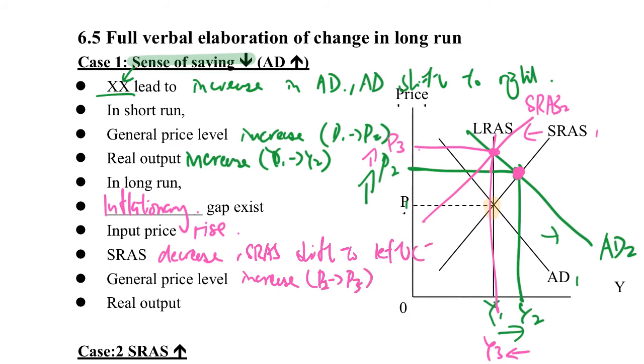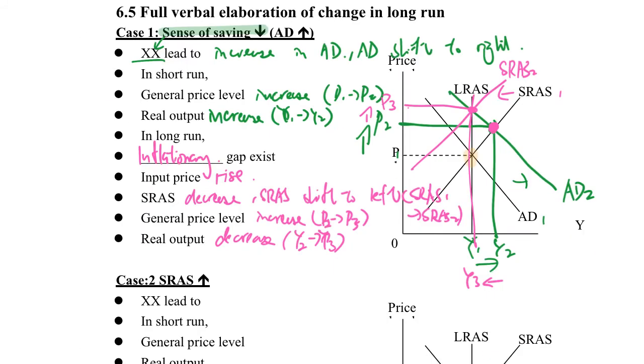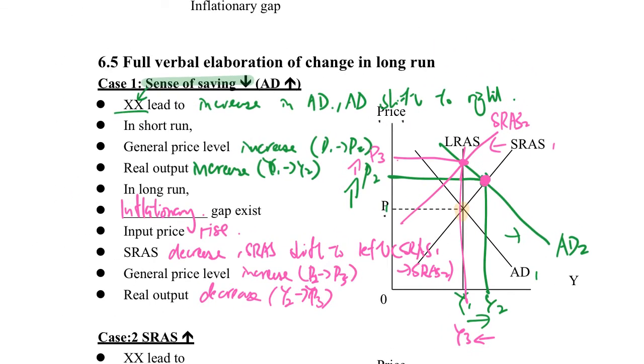SRAS 1 to SRAS 2. Then real output decreases and goes back to Y3, so I just say Y2 to Y3. Now we have finished all the things and we get the full marks for the question.